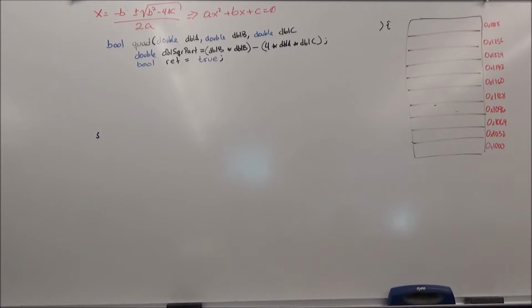So how do I test if this should be false? Well, I need to compare if a is equal to 0 or the square part is less than 0.